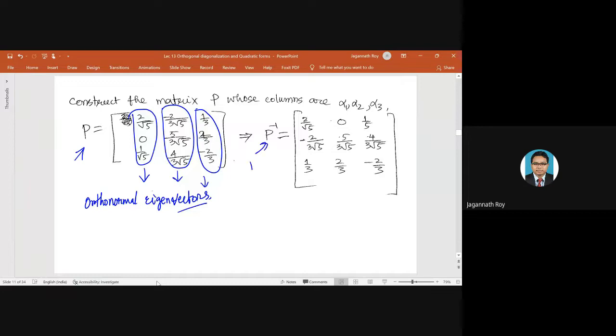Since this is orthogonal, you don't need to worry about the P inverse. If you just take the transpose, then you will get the P inverse. So there is one special characteristic of this type of matrices: you can directly find the inverse just by taking the transpose.